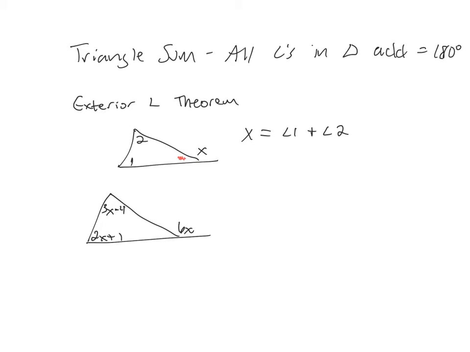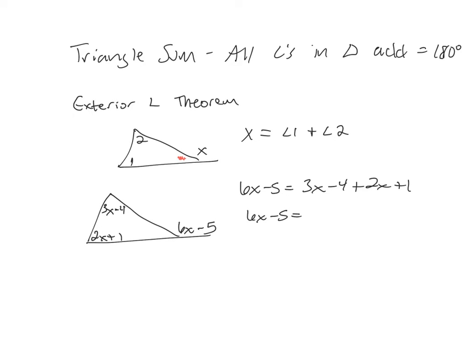It might not work out like legit, but (6x minus 5). So there's no way to figure out this angle and then do anything with 180. So you'd have to do 6x minus 5 equals 3x minus 4 plus 2x plus 1, and then solve that.